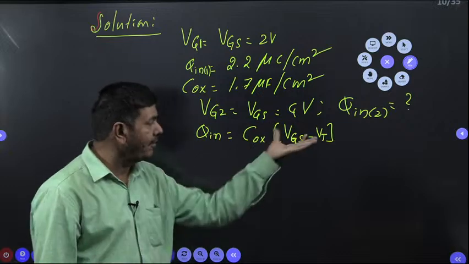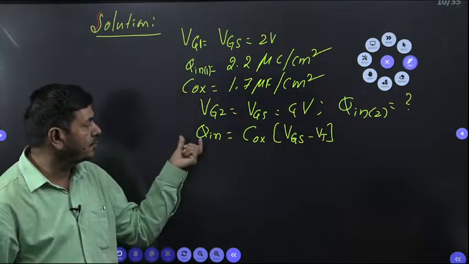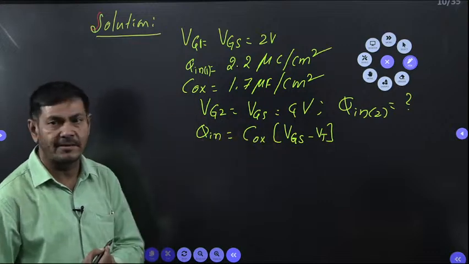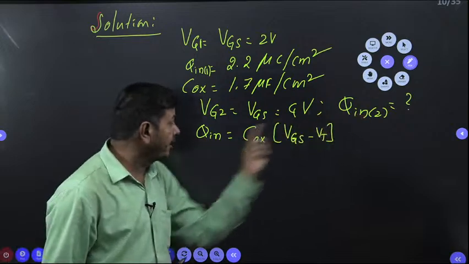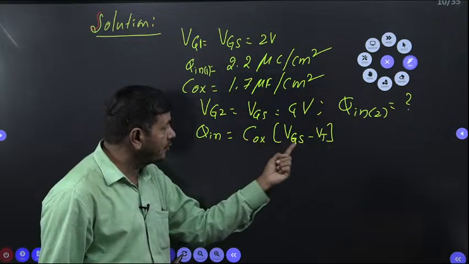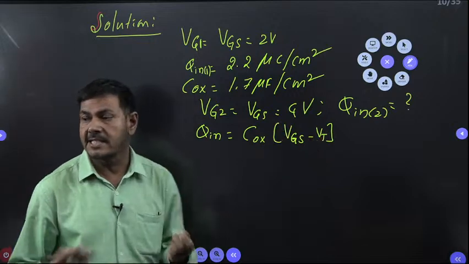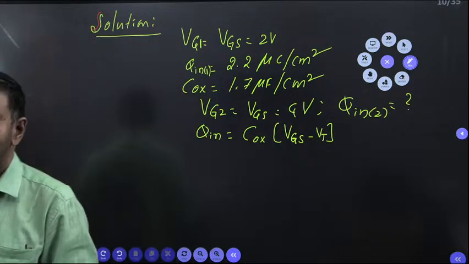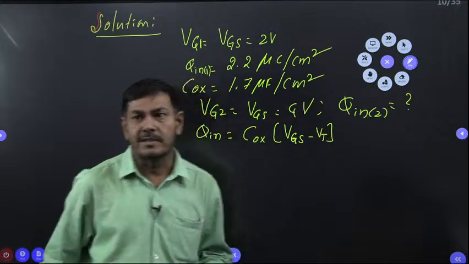That formula is generally used in the MOS capacitor for inversion charge calculation. Qin2 means COX into VGS2 minus VT. VT is a constant value only. Understand my point now?